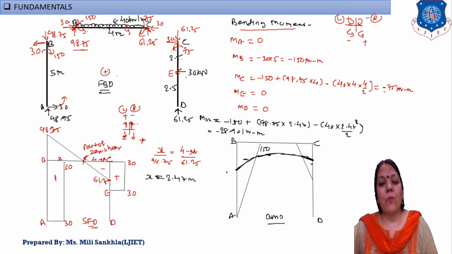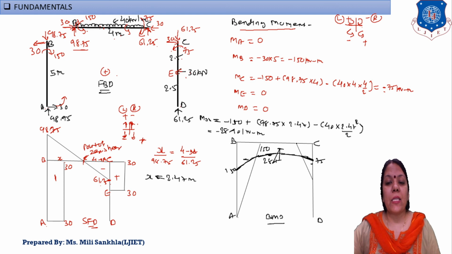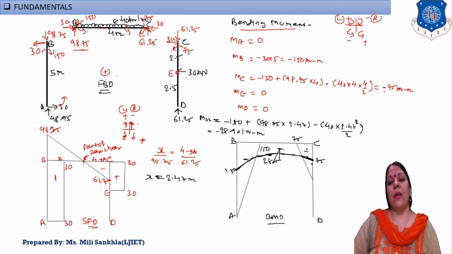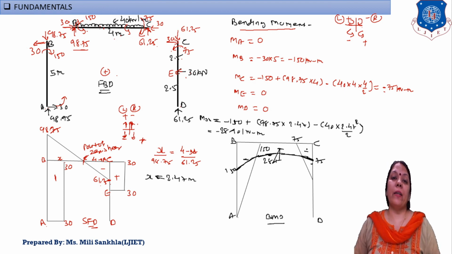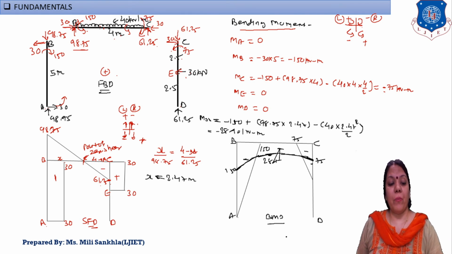This point is our 150, here is our 75, and at this point we found the moment 28.1, and this diagram is minus. Next at this point the moment is given, again left side anti-clockwise, minus, this point is our 75 and minus. Now our bending moment diagram for this given frame is complete.